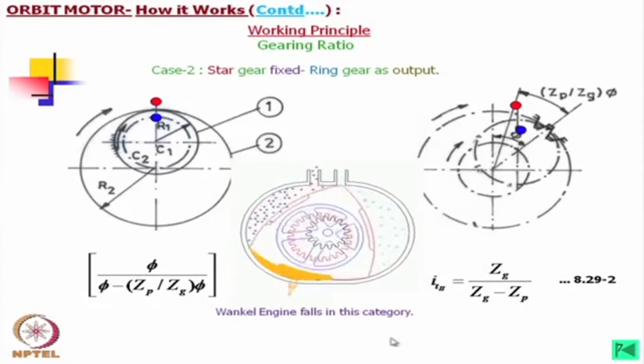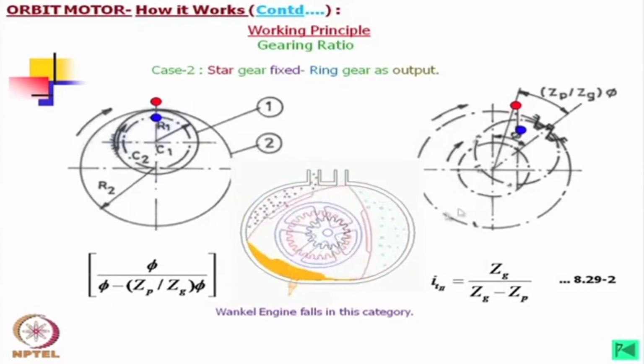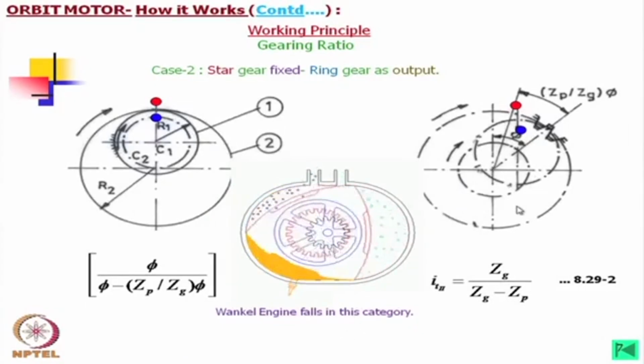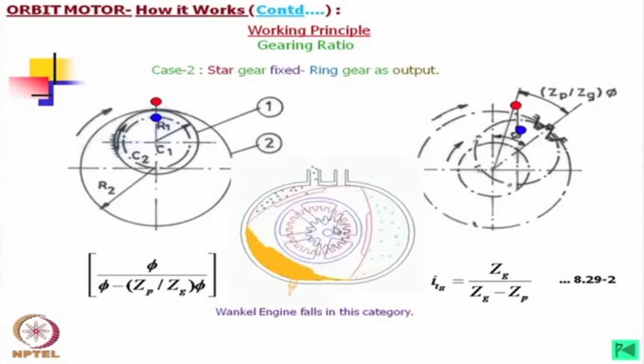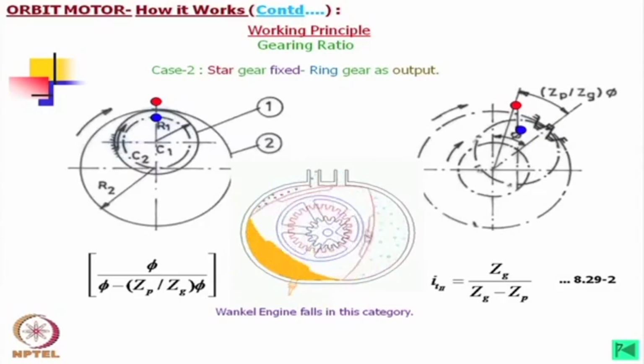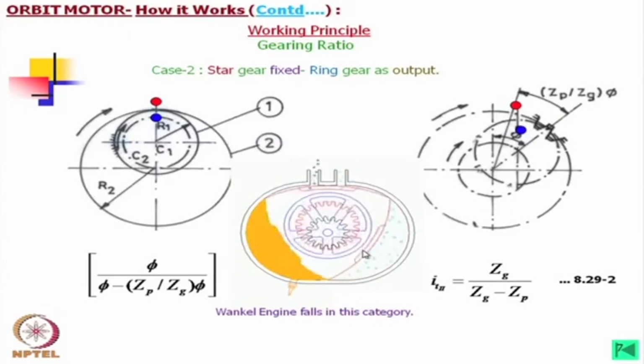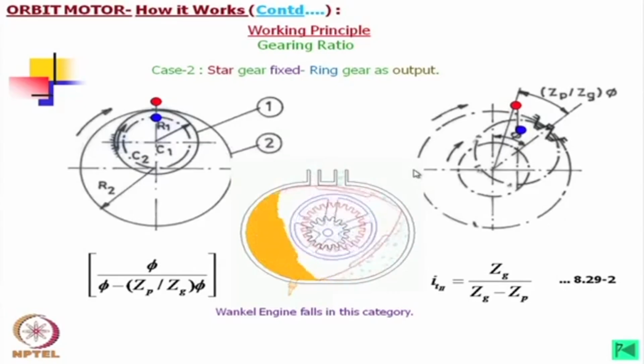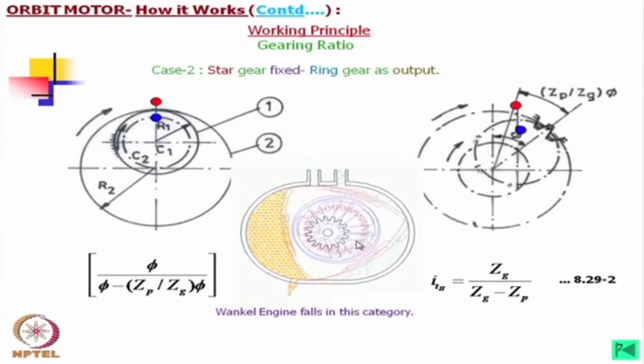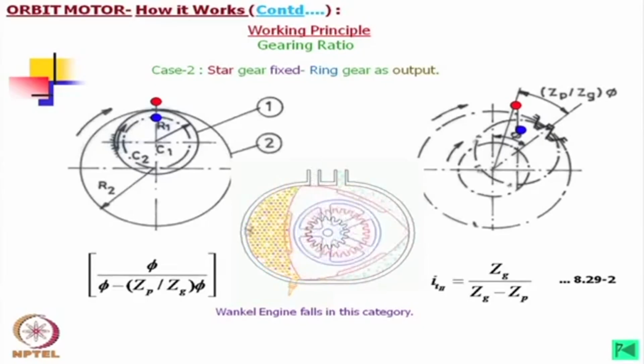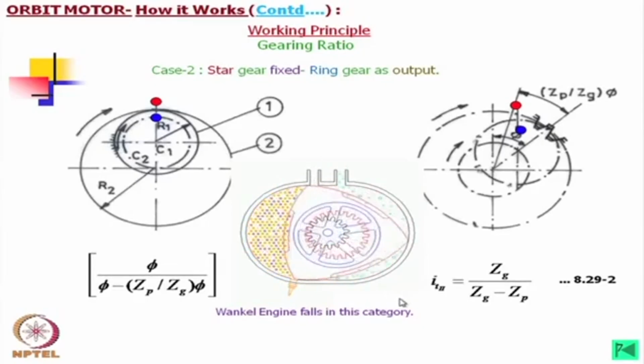Now, the Wankel engine falls in this category. This means that actually what we are looking at here as the inner member is basically the outer member, or I would say that the base circle of this is larger than the base circle of the outer member. How is it possible?